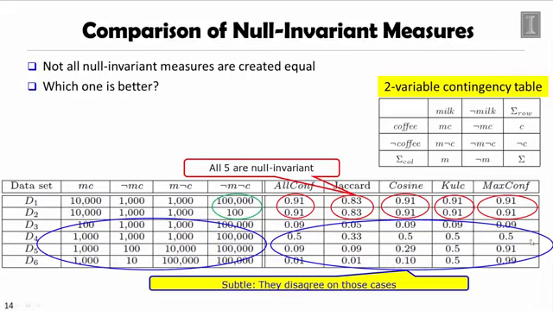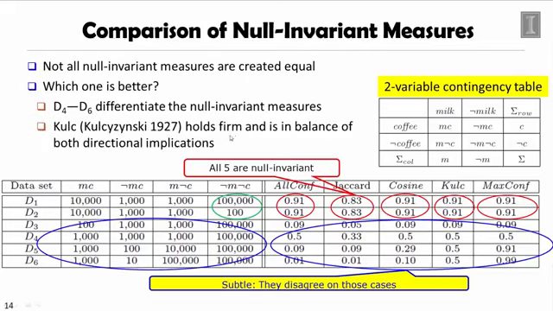But max confidence says, I'm very confident, they are very close to 1, because they're very likely getting together. But Kulczynski said, I'm still neutral, because this is 100 to 1 and the other is 1 to 100. They have the equal ratio. So which one do you like? So probably we can see D4 to D6 are the real cases that differentiate the 5 null-invariant measures.